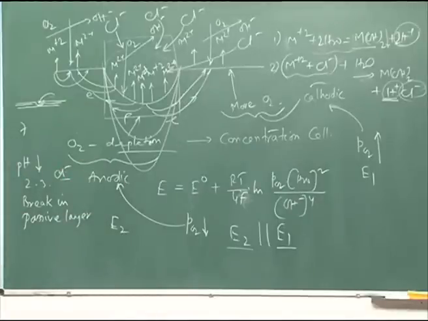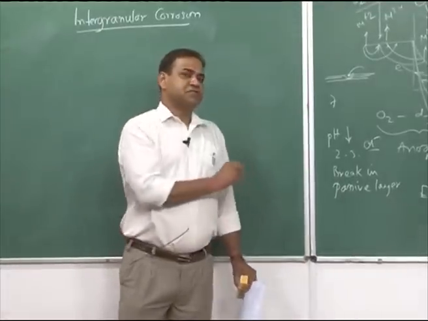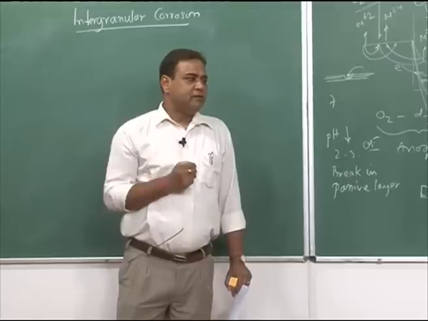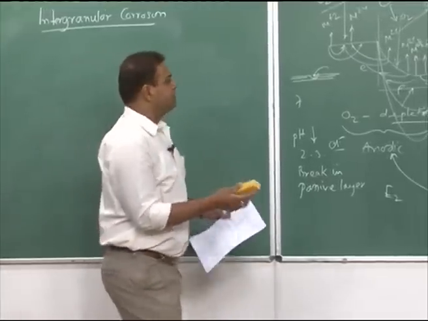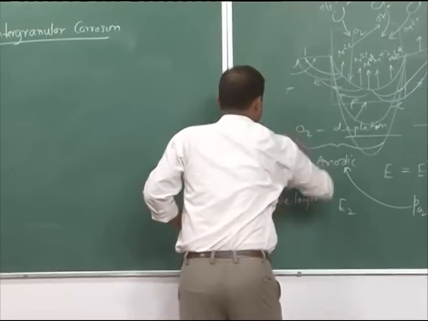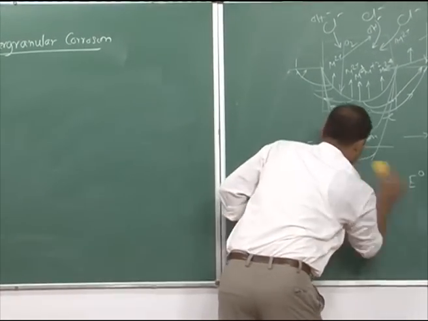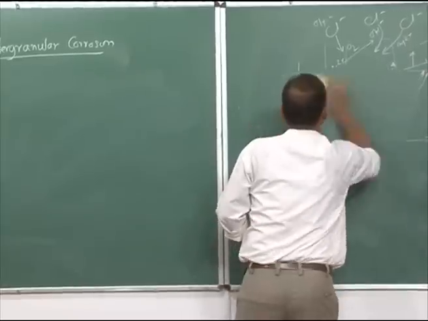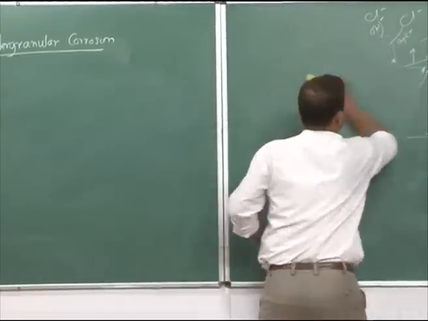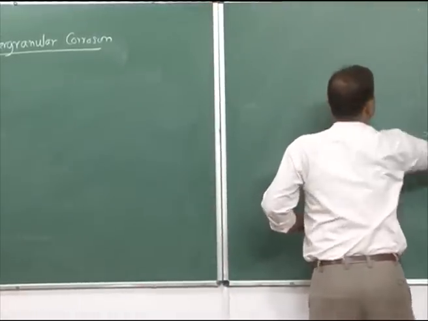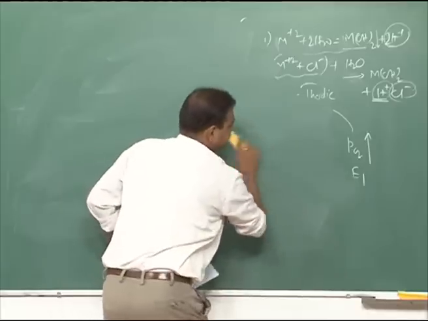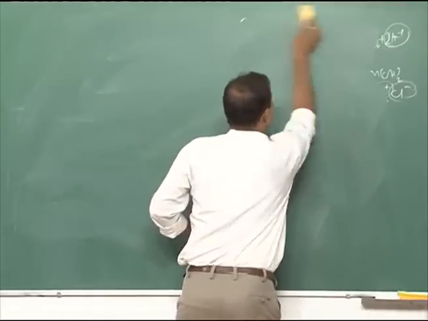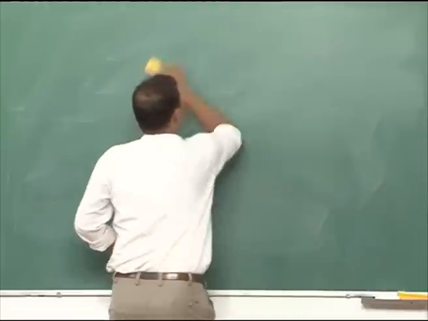Now, one major atmospheric corrosion is due to this formation of a concentration cell. Let us just discuss that a little bit. If we see rainwater or a rain droplet falling on a metal surface, let us say mild steel, we generally see that at the center of the droplet the corrosion is maximum.